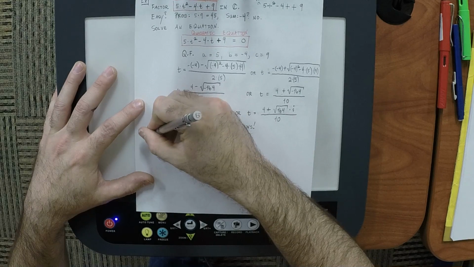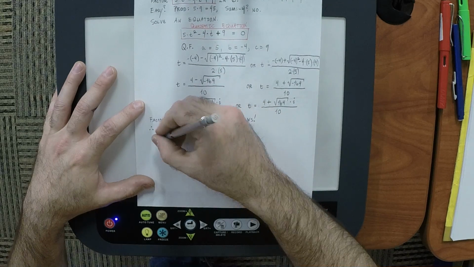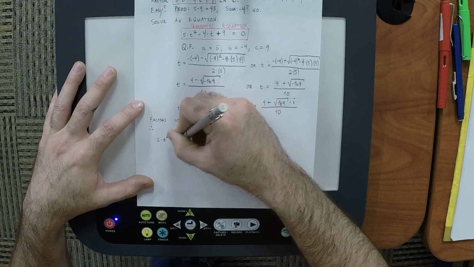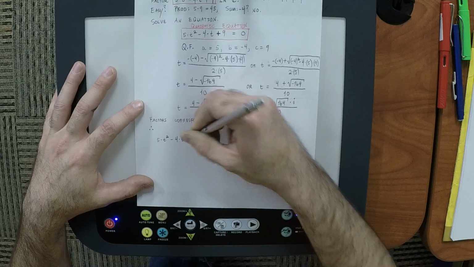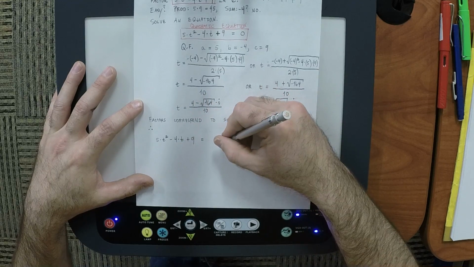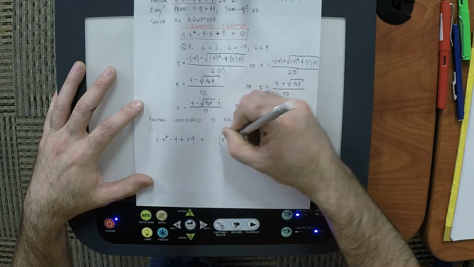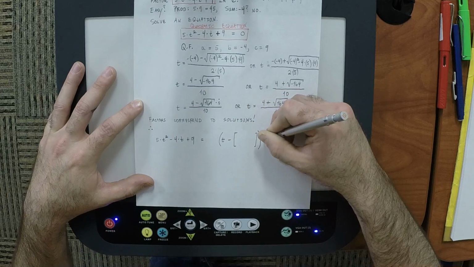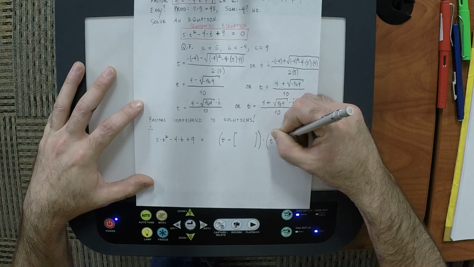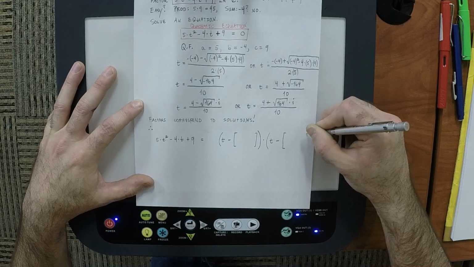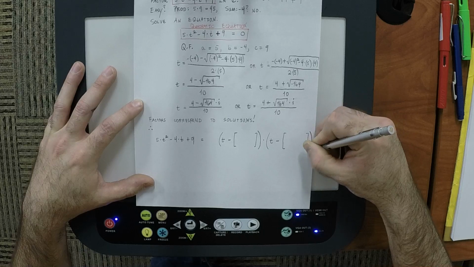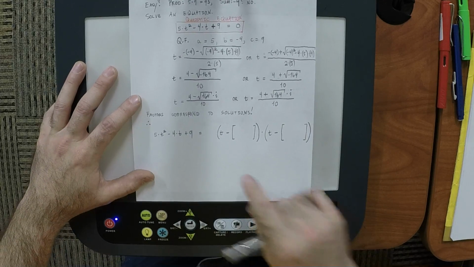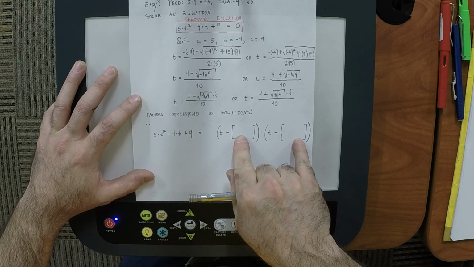As a result, we know that 5t squared minus 4t plus 9 should factor in the following way. It should be t subtract some slot, multiplied by t subtract some other slot. I think the pattern is going to look like this. What goes in the slots? The solutions.